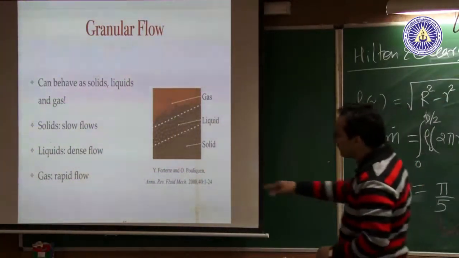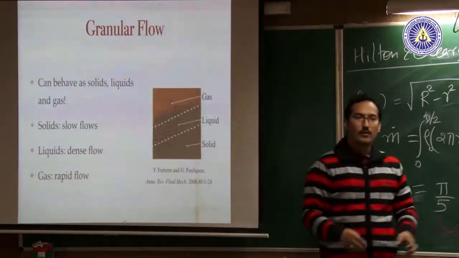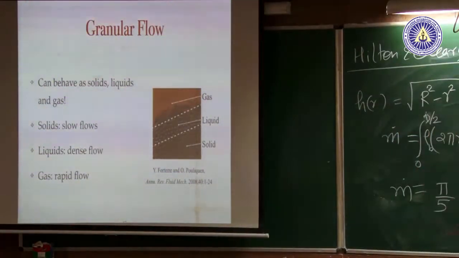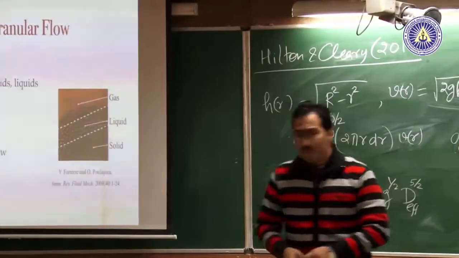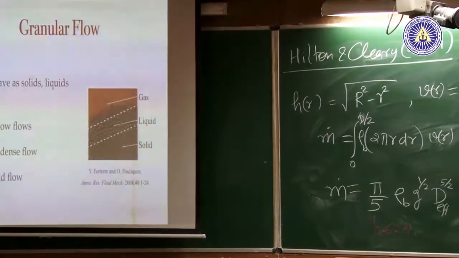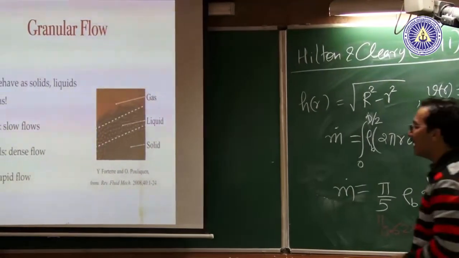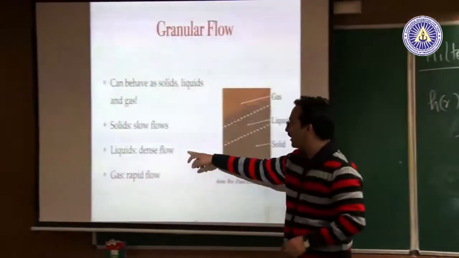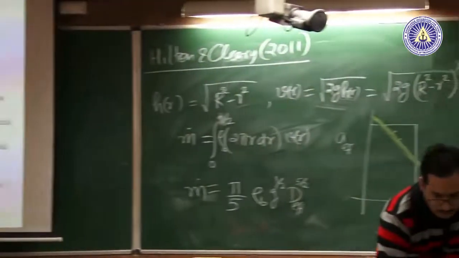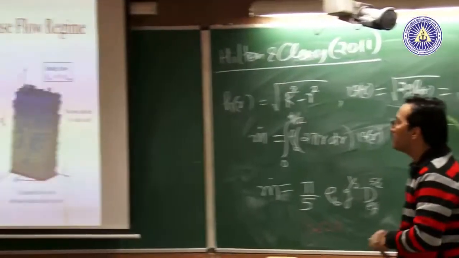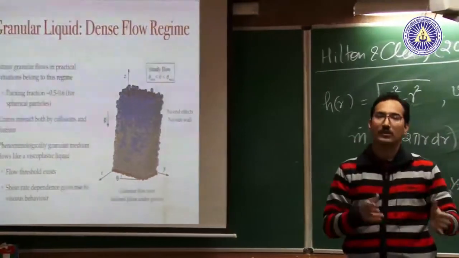The other extreme, the rapid, dilute flow, your granular gas regime, is again another very interesting area of research, which we will not have time to look at. But the regime which is the liquid-like regime, the dense flow regime, is important because many granular flows in practical situations belong to this regime.